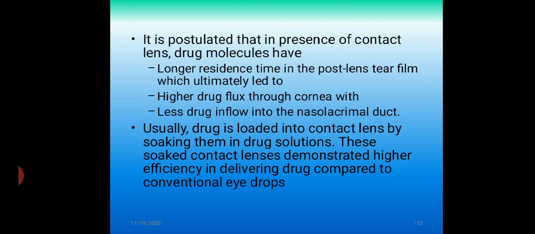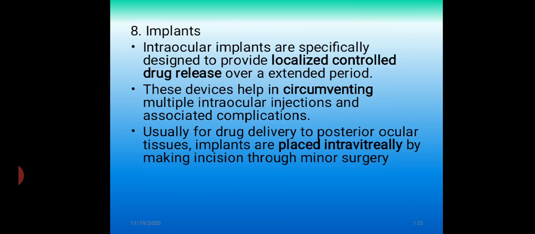It's simple: the lens can be soaked in a solution containing the drug, so the lens can take up the drug molecule. Once you place the lens in the ocular cavity, the drug molecule will move from the lens into the cornea. This way, the contact lens acts as a depot, a reservoir, for the delivery of the drug molecules into the system.